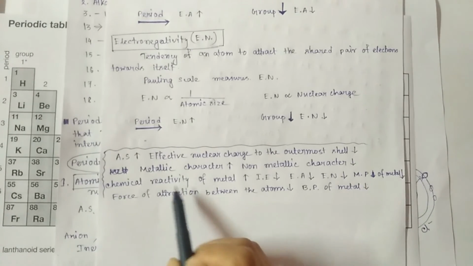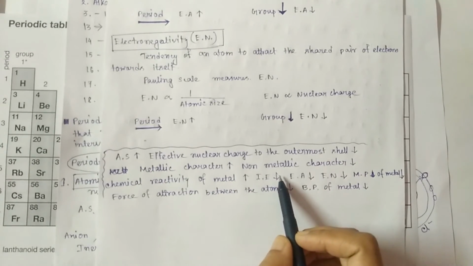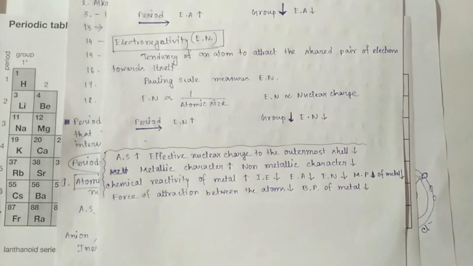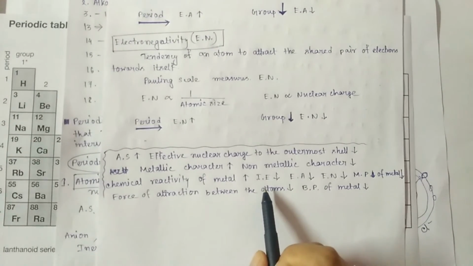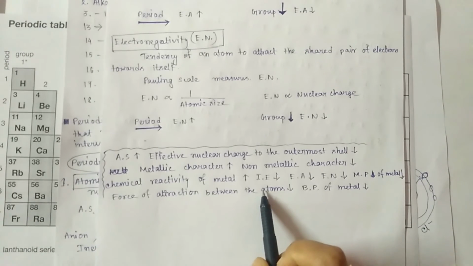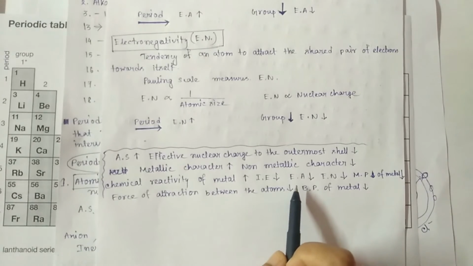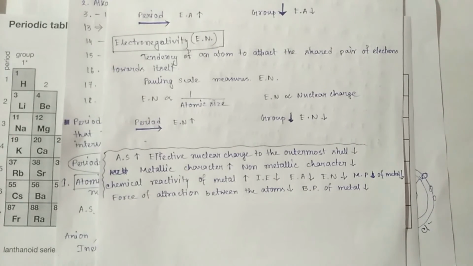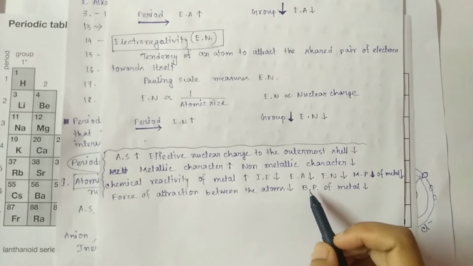Chemical reactivity of metals increases, because as metallic character increases, ionization enthalpy decreases, since the element requires less energy to remove the electron from its outermost shell. Electron affinity will also reduce, as the elements have less nuclear pull towards the outermost shell, so electrons in the outermost shell are not held firmly.